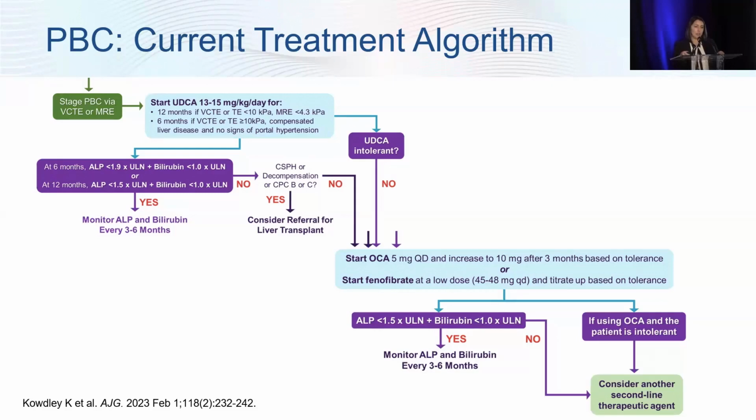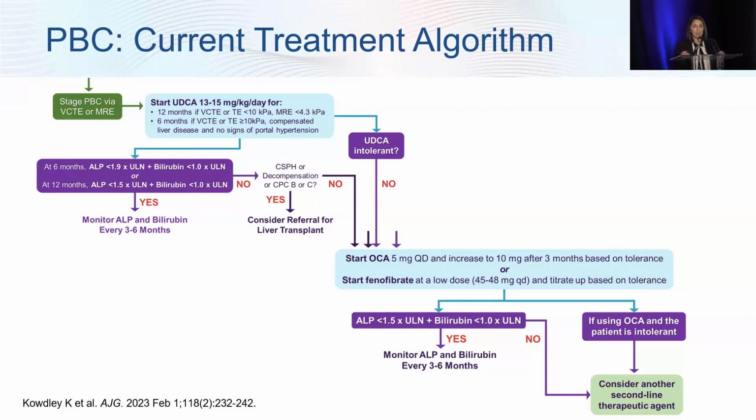I'm hopefully going to show you some data tonight that will encourage you to really consider at the 6-month mark, after 6 months of urso, whether that may be the right time to consider a second-line agent if someone has not had a full response to urso as monotherapy. So 60% of patients will have an adequate response to urso first-line monotherapy, and you're going to continue monitoring them every 3 to 6 months thereafter.